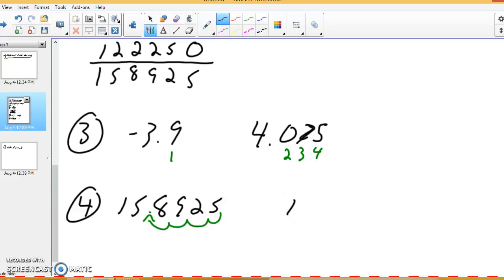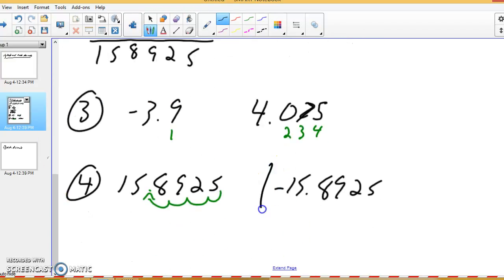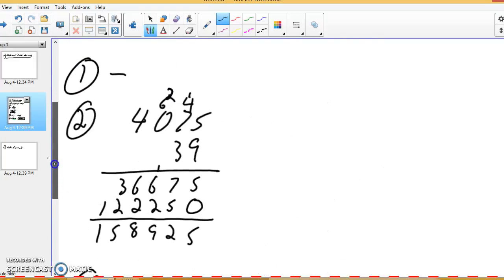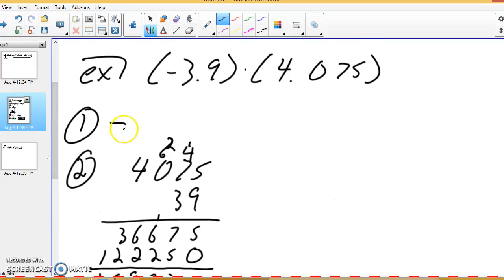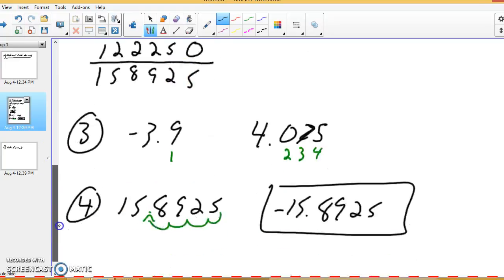So that means our final answer is 15.8925, and we can't forget our sign, which is negative. So a negative 15.8925. Again, go through it. You figure out the sign, a negative and a positive, that makes a negative. You get rid of the decimal points and just do your regular multiplication algorithm.